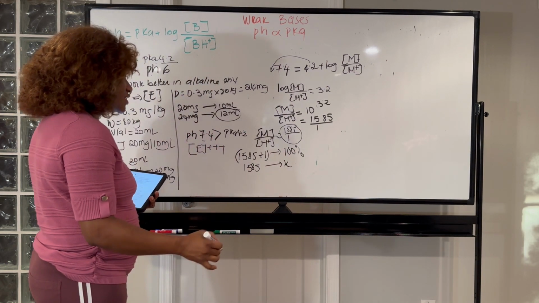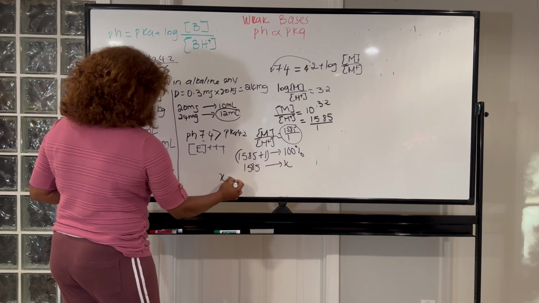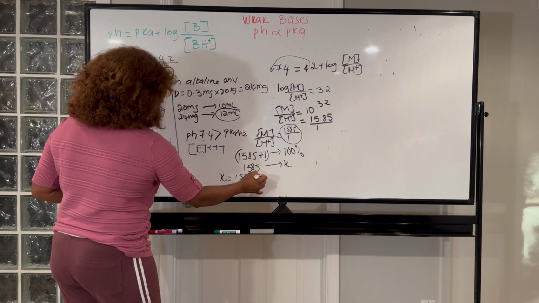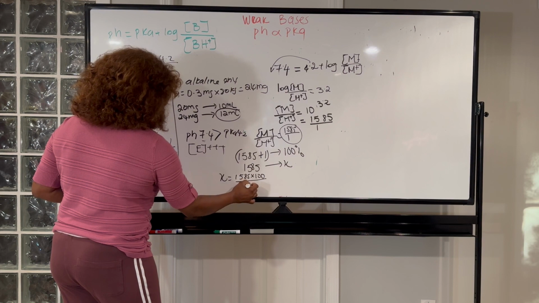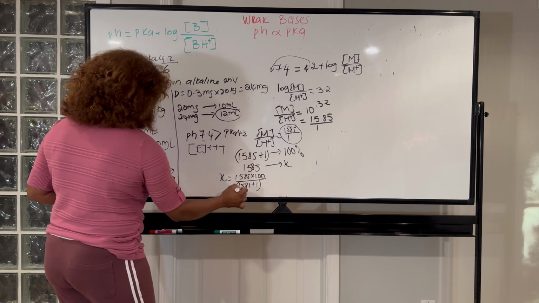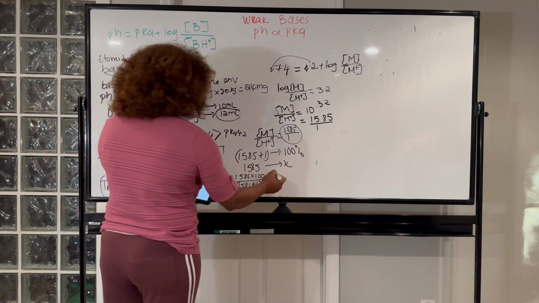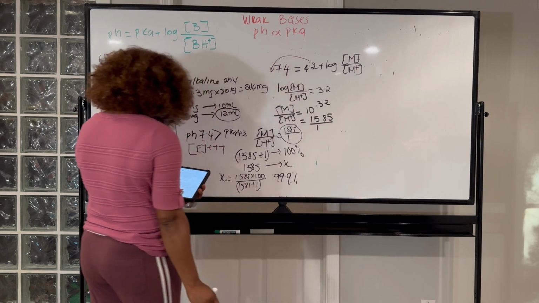So if I plug in the variable, 1585 times 100 over 1585 plus 1 is gonna give me 99.9%.